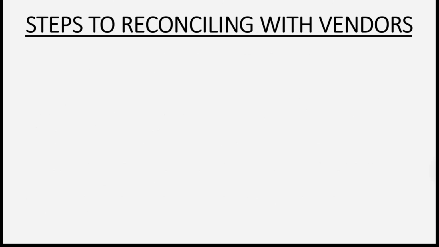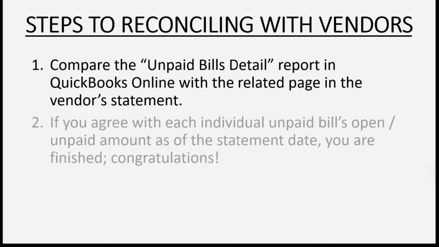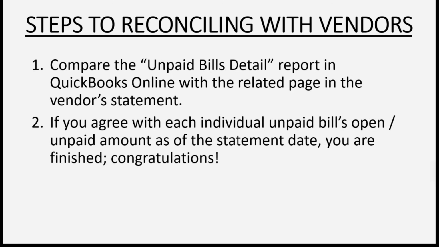So what are the steps to reconciling with vendors so that you can make your records correct? Well, first, we compare the unpaid bills detail report in QuickBooks Online to the related page in the vendor's statement. If you agree with each individual unpaid bill's open or unpaid amount as of the statement date, then you're finished. Congratulations.